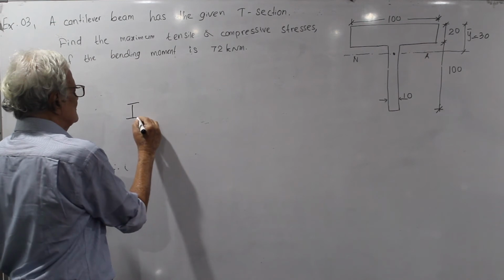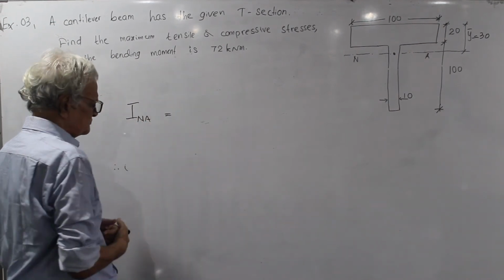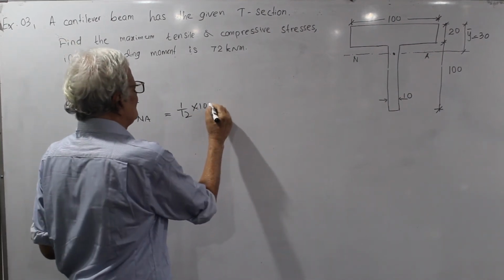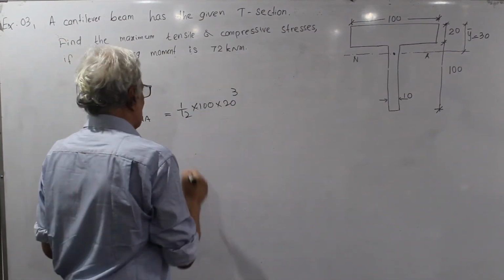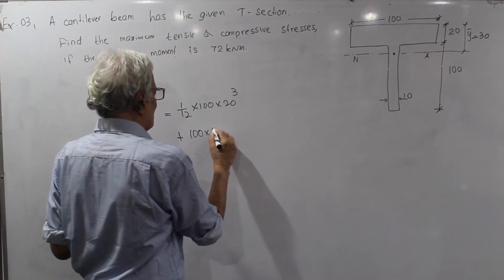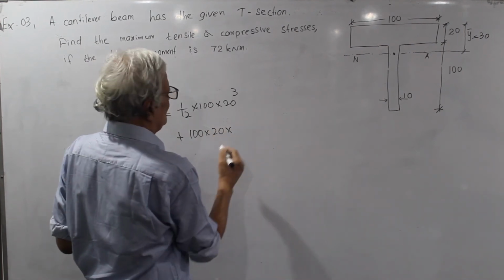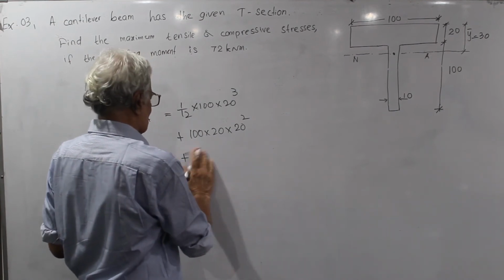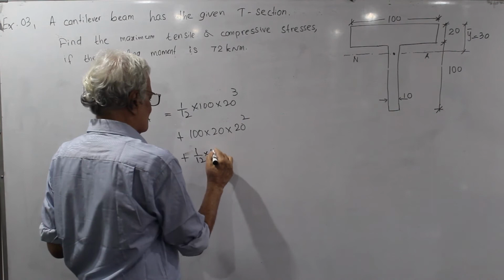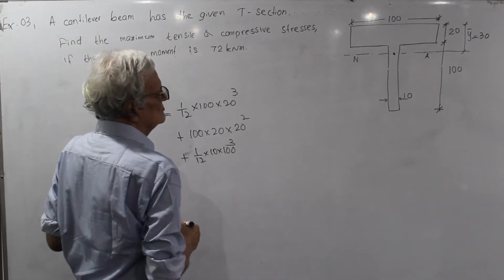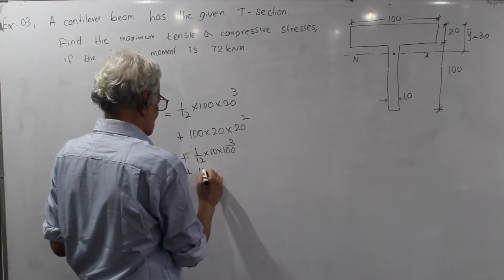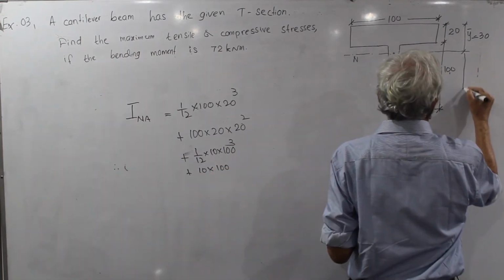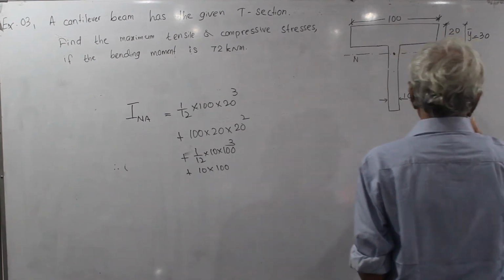Then INA equals 1/12 into 100 into 20 cubed plus 100 into 20 into 20 squared plus 1/12 into 10 into 100 cubed plus 10 into 100 into 90.